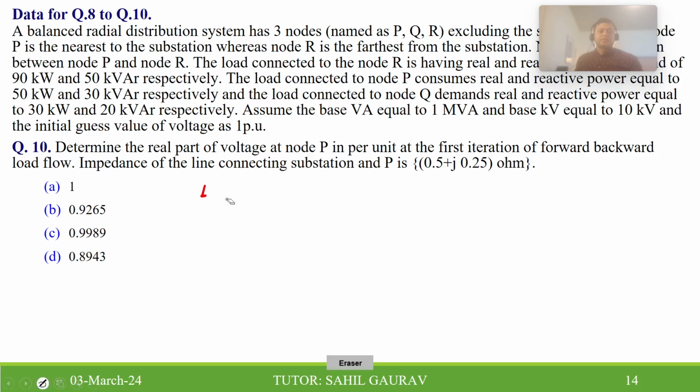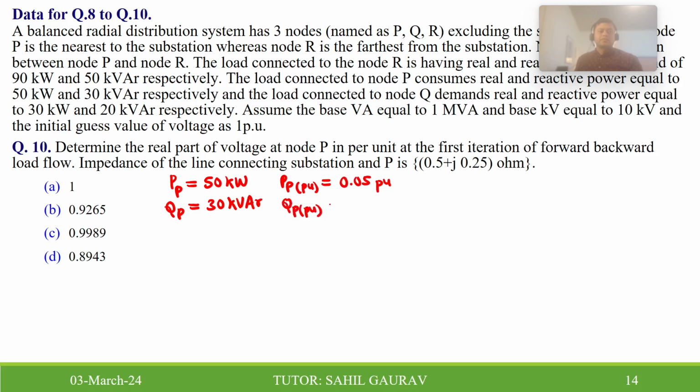So I am writing directly, since PP value is given as 50 kilowatt and QP value is given as 30 kVAr. So in per unit quantities, it will become 0.05 per unit, and QP becomes 0.03 per unit.